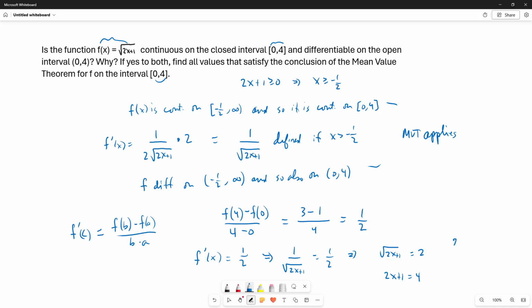So 2x is equal to 4 minus 1, which is 3, and x is equal to 3 over 2, which is between 0 and 4. So there is one point in the interval 0 to 4 where the slope of the tangent line is equal to the slope of the secant line, and that happens when x is 3/2.